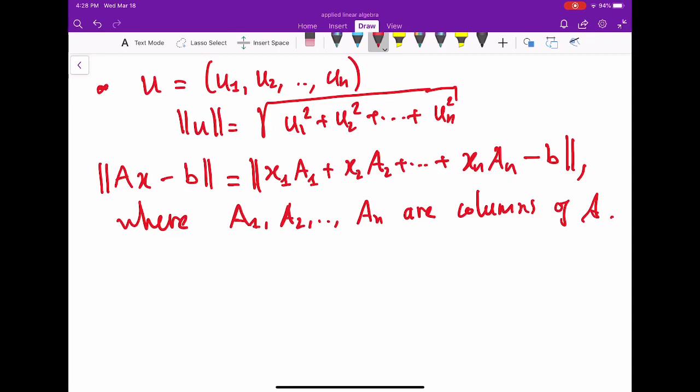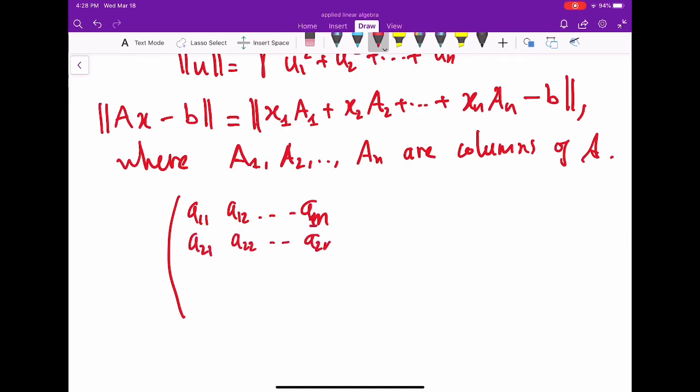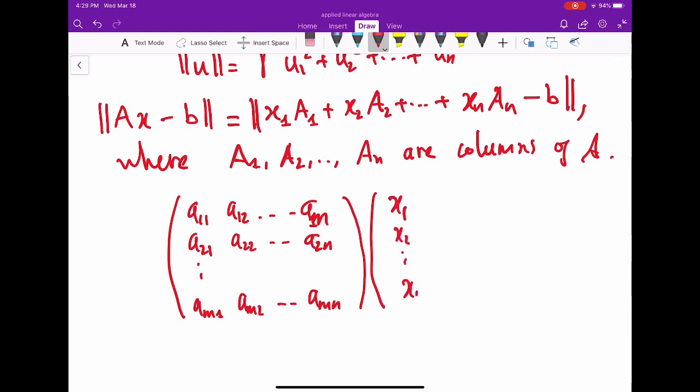So I hope you still remember that. Let me explain this notation. If we write A as A11, A12, and so on, A1n, then A21, A22, and so on, A2n, and Am1, Am2, Amn, and this is x1, x2, and so on, xn, equal to b1, b2, and so on, bm.